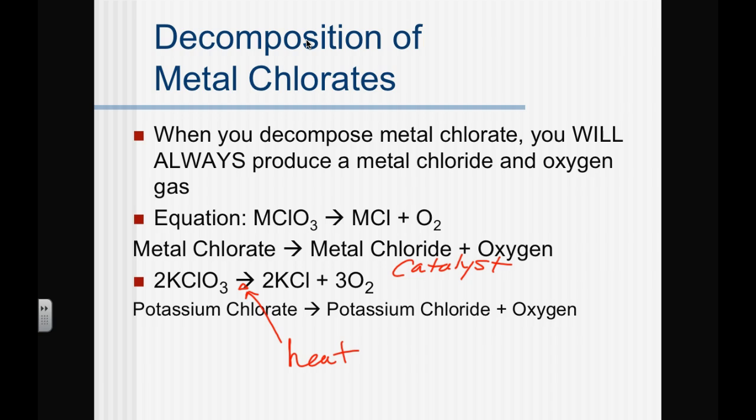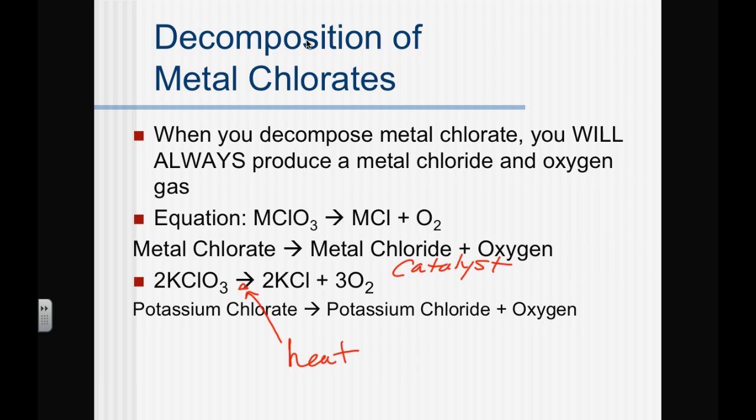It actually goes on top of the arrow, because a catalyst, even though it's used in the experiment, doesn't actually mix with the chemicals. All it does is help chemicals react quicker. But the catalyst itself does not react with any of the chemicals.